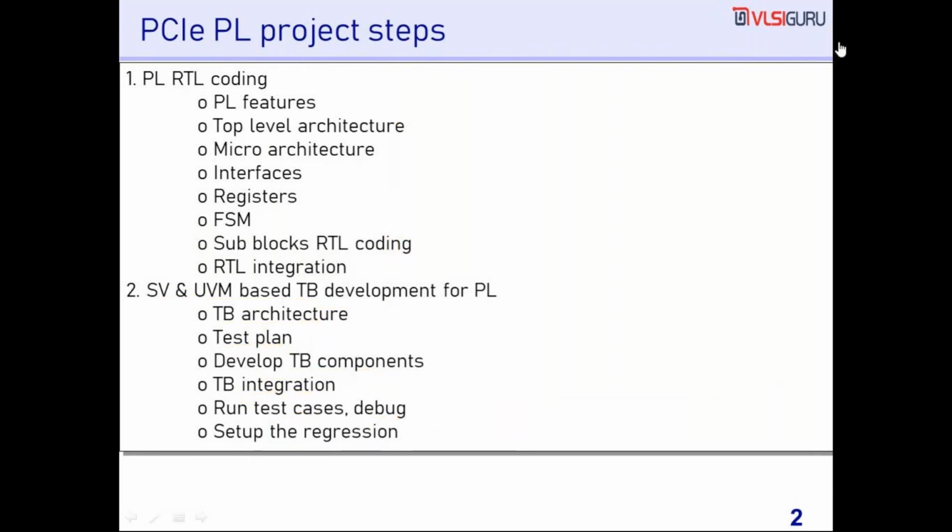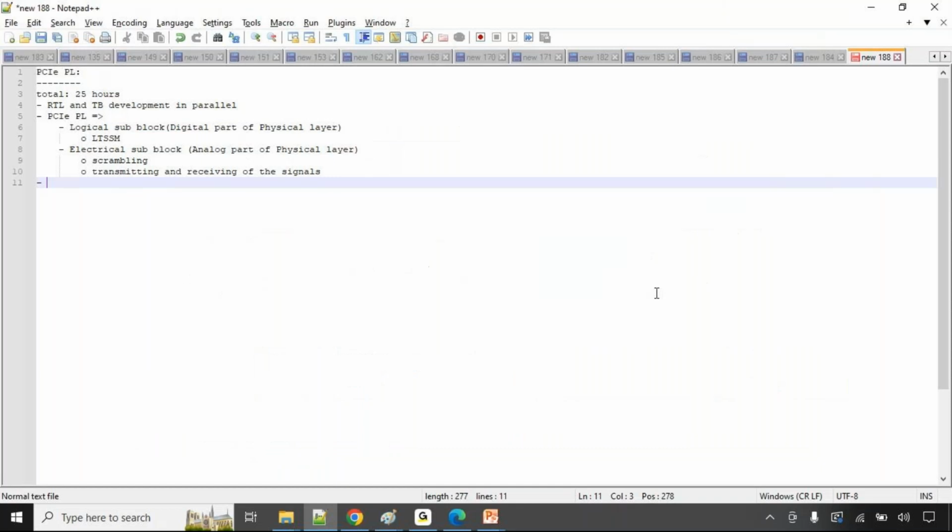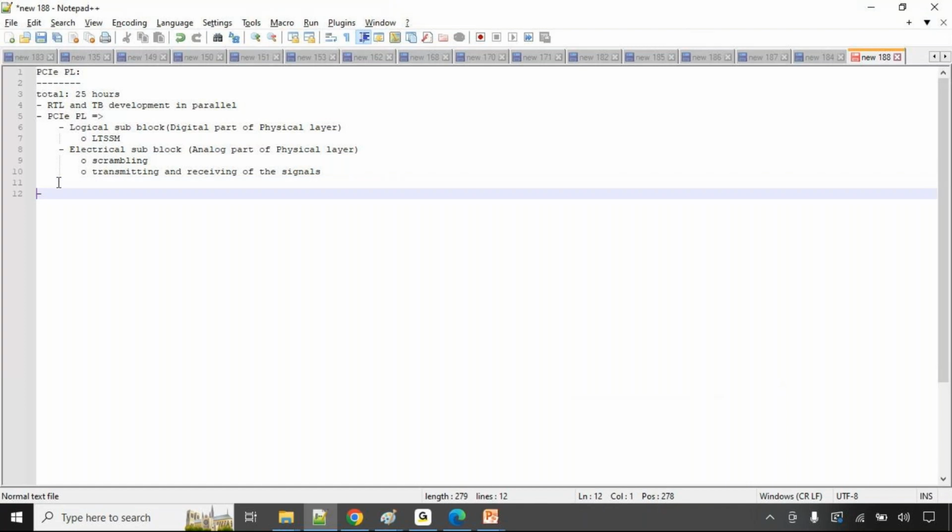If you ask me whether it is possible to do this in 25 hours, it is quite possible, because I have done a similar complexity. Earlier I have done the PCI Express transaction layer and data link layer. At least the transaction layer I have done in around 25 hours. We were able to complete most of the activity related to the transaction layer.